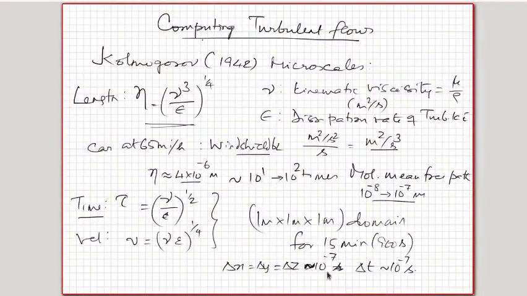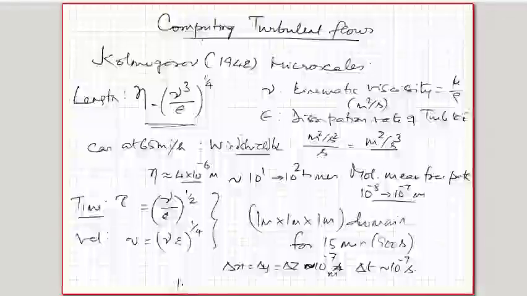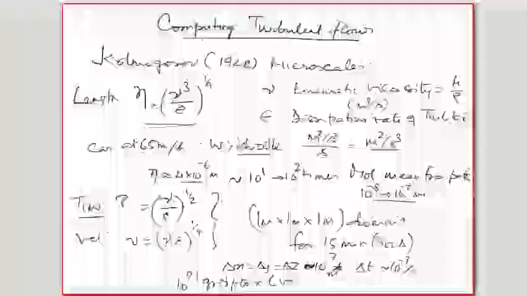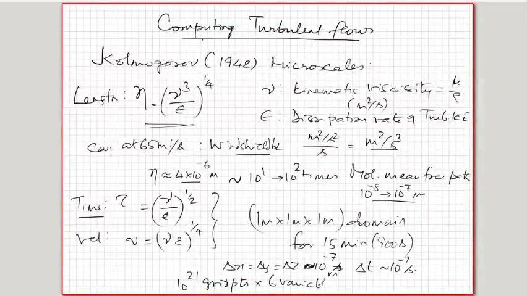So then for this domain, you get 10 to the power of 21 grid points into, let us say, 6 variables. And this multiplied by 15 minutes, about 900 divided by 10 to the power minus 7, gives around 10 to the power of 10 time steps.